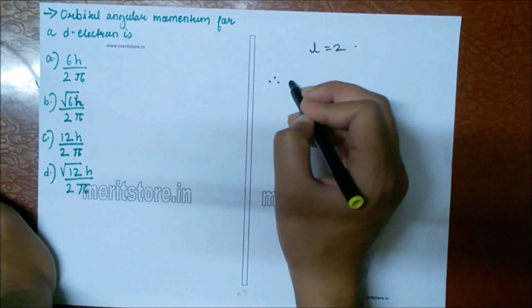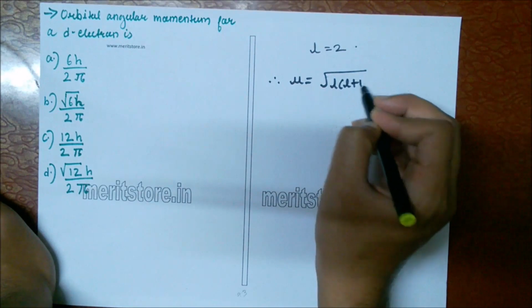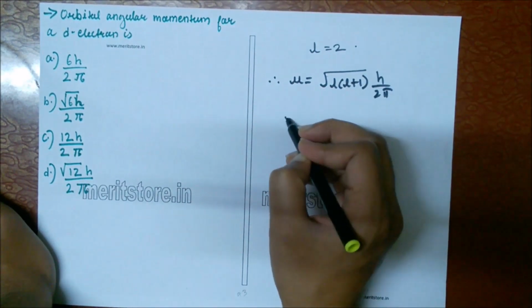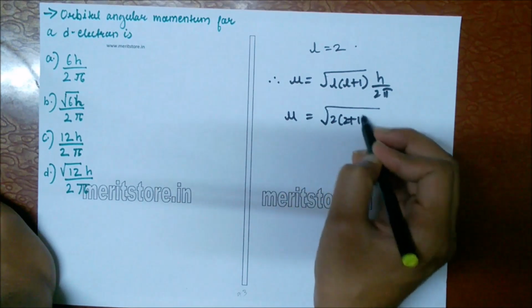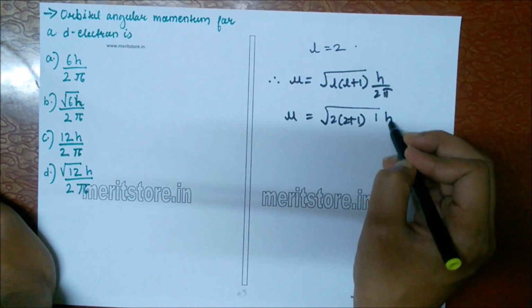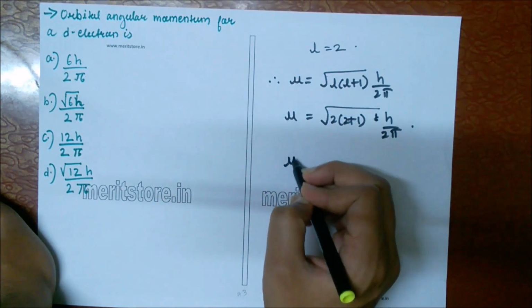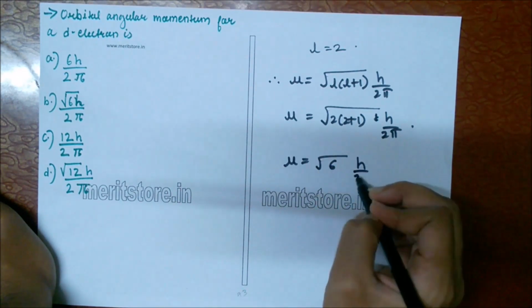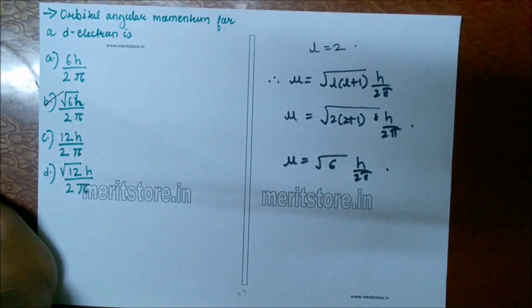So we can write mu is equal to root of l into (l plus 1) into h upon 2 pi. So mu is equal to root of 2 into (2 plus 1) into h upon 2 pi. On solving this, we get mu is equal to root of 6 h upon 2 pi. So option B will be the correct answer.